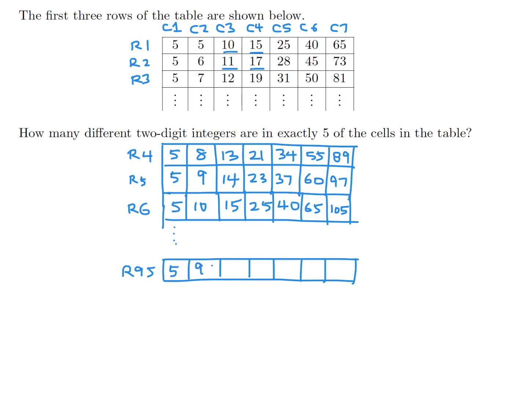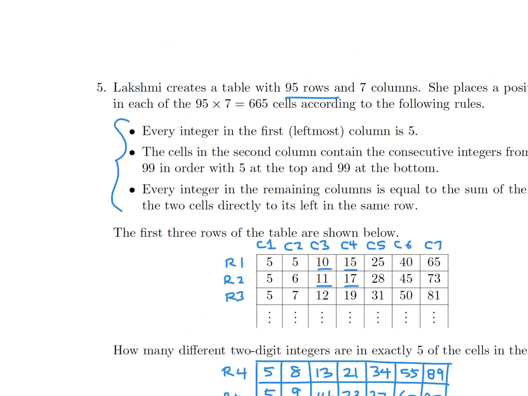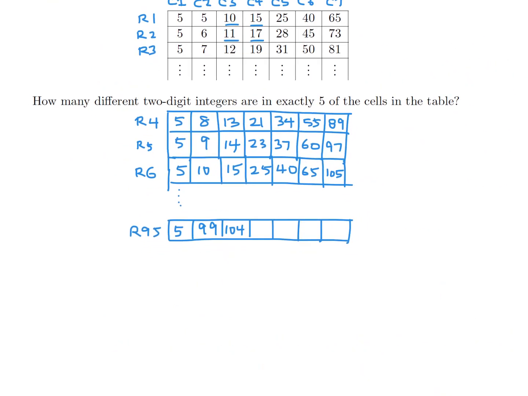This will be a 99, and so on. And I think this will be a 104. Okay, and you guys get the point. I just wanted to fill in to illustrate the rules a little bit. And I'm sure you can do that on your own.